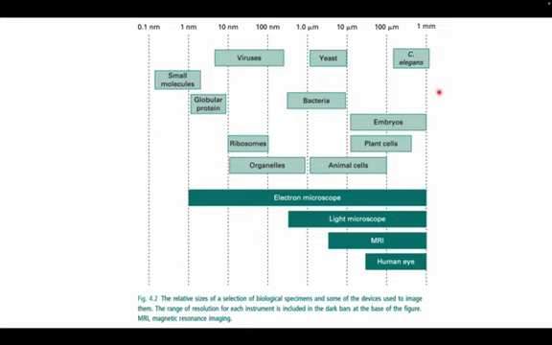So as we discussed, there is a huge range of sizes of biological specimens, ranging from things like yeast and bacteria all the way into individual animal cells, organelles, ribosomes, proteins, etc. And because this is such a large range, we need different ways of studying them. The most common microscope that you probably will have used in your lab is a light microscope.